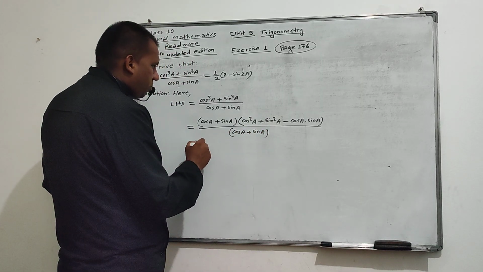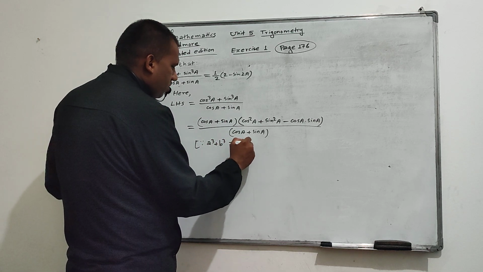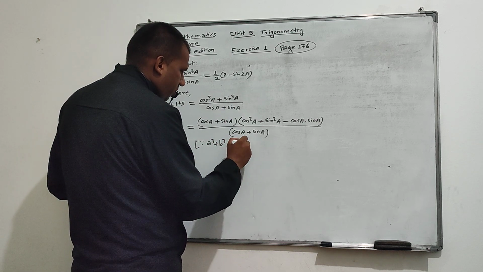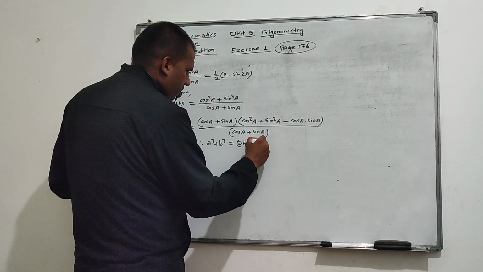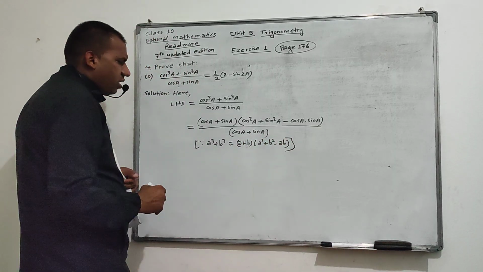Using the formula of a cube plus b cube equal to (a plus b)(a square plus b square minus ab), by using this formula.